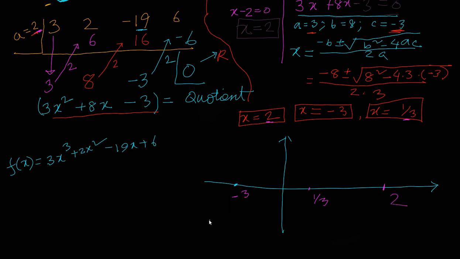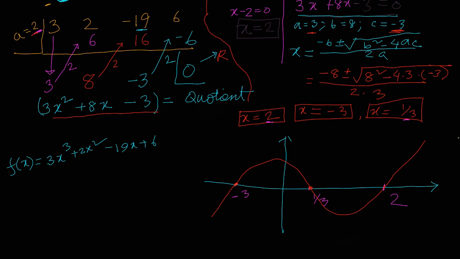So if I try to plot it, let me use another color, so it will be something like that. Okay, so as you can see, my three real zeros are at x equal to negative 3, at 1/3, and at 2.